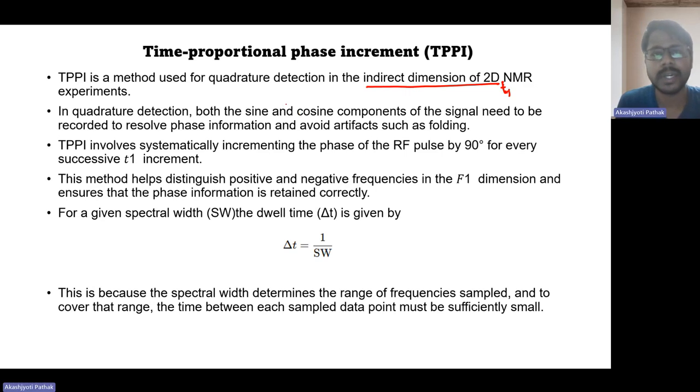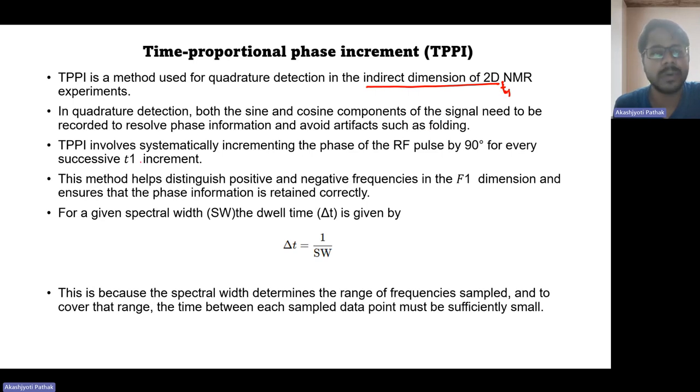In the quadrature FT NMR sessions, we had discussed quadrature detection, in which the carrier and receiver are placed orthogonal to each other. In quadrature detection, both the sine and cosine components of the signal need to be recorded to resolve phase information and avoid artifacts such as folding. Signal folding, we had also seen this.